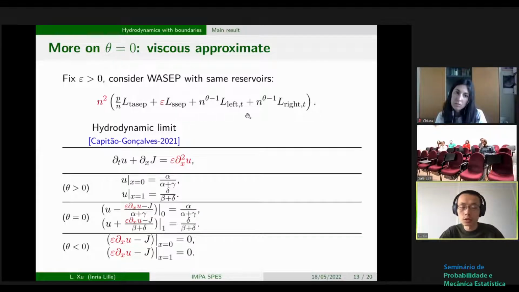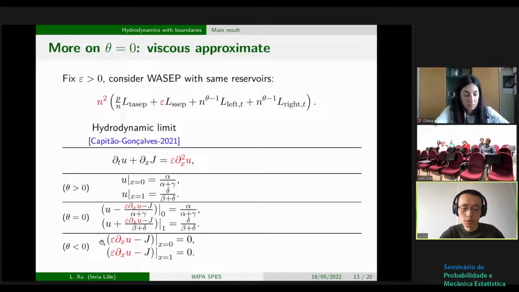The hydrodynamic limit of this ASEP is known. It's this mixed diffusion-transport equation with a very small epsilon, so a very small diffusive term here. The boundary conditions are proved in this paper. We know that if the reservoir is fast, then it's Dirichlet.